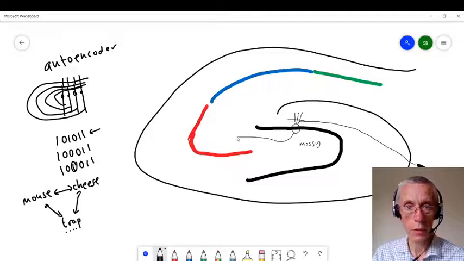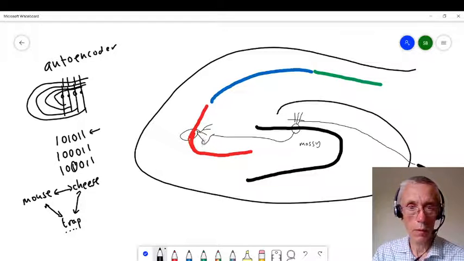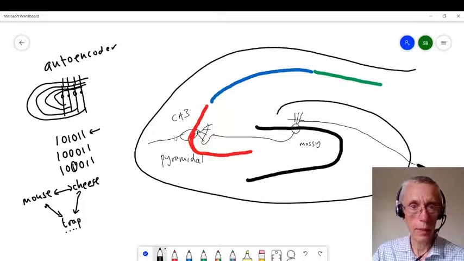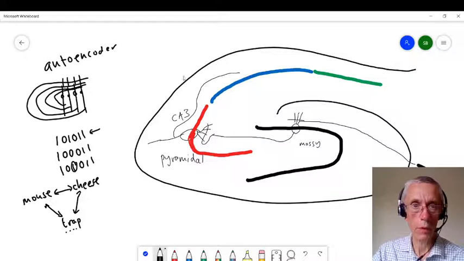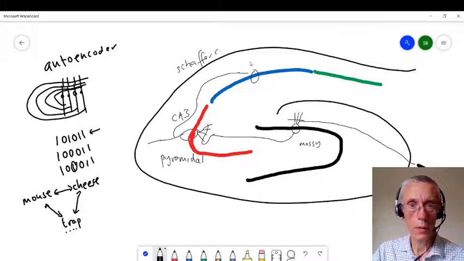These then synapse onto pyramidal cells in CA3, and these send a collateral through the Schaffer collateral; these synapse onto CA1 cells, and these go to the subiculum and out.